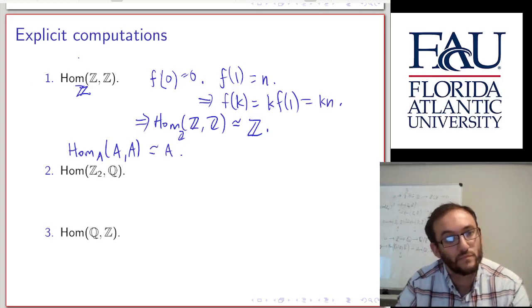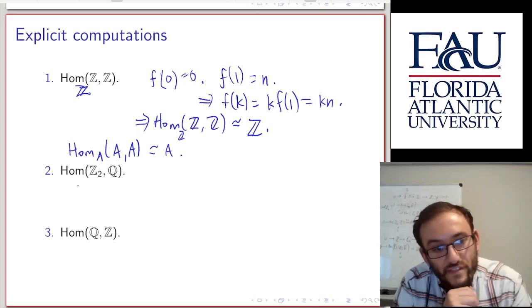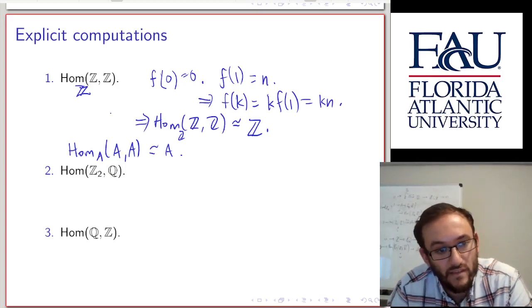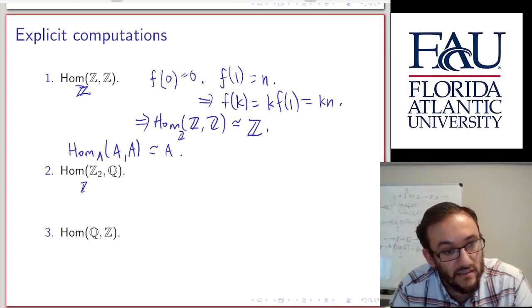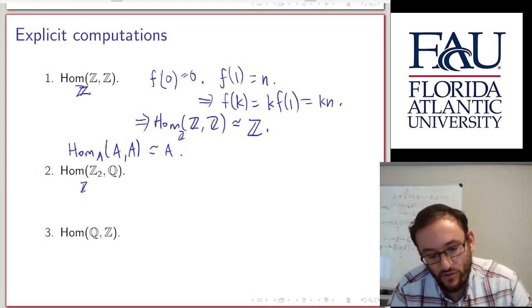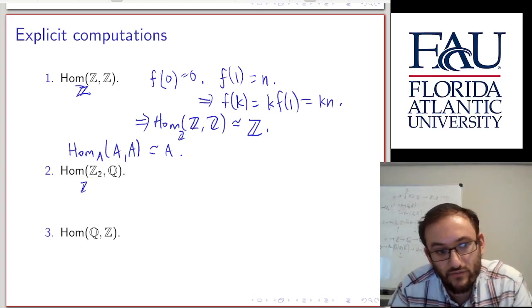Okay? Let's consider homomorphisms from Z/2 to Q, again considering these as Z-modules. Well, we only have 2 elements of this module, right? There's the 0 element and the 1 element.